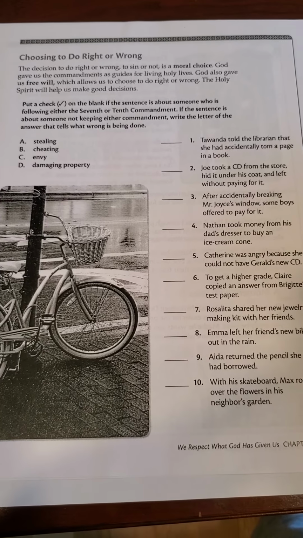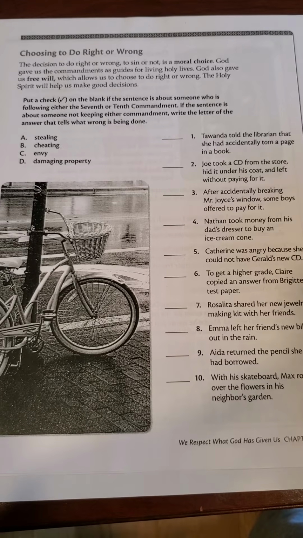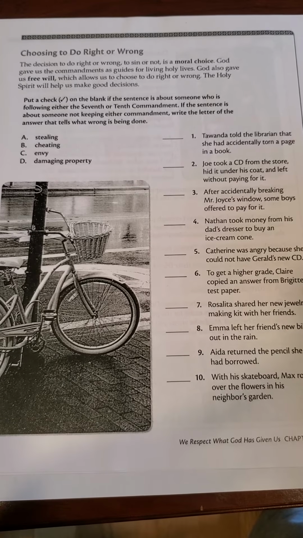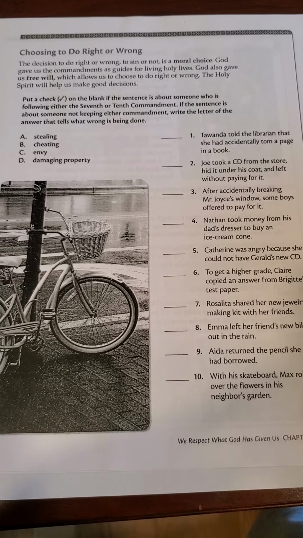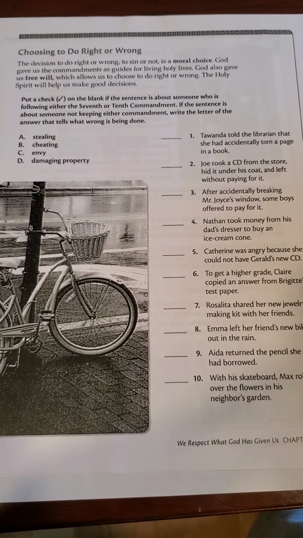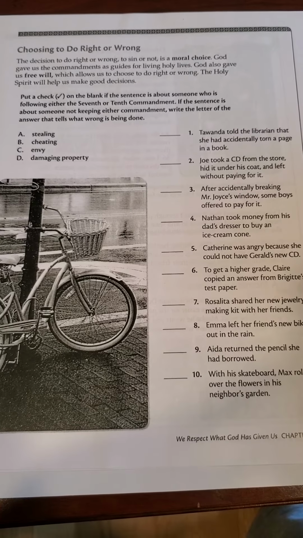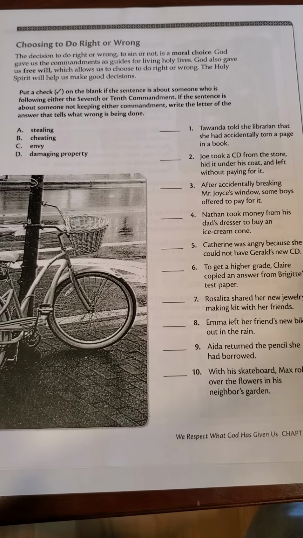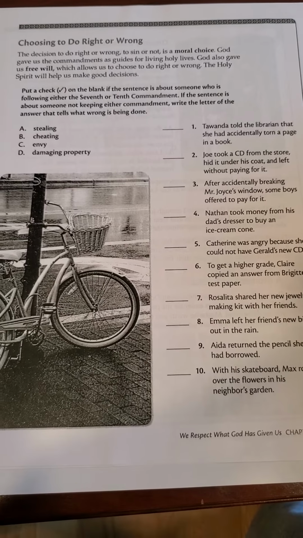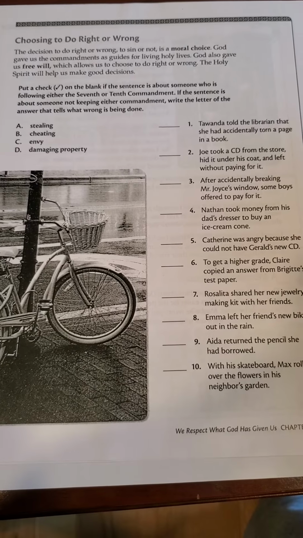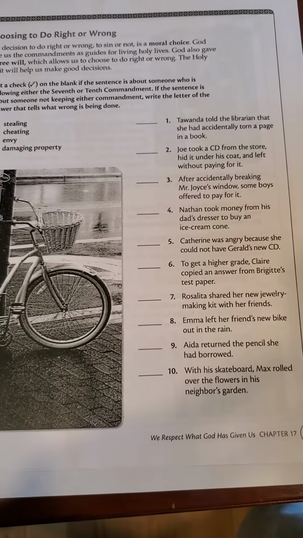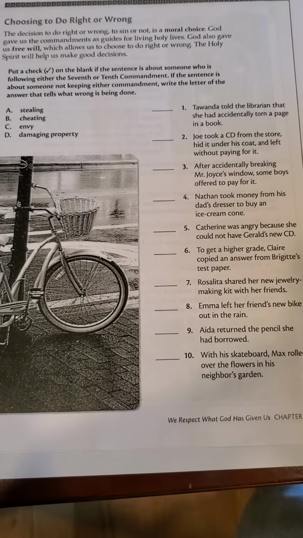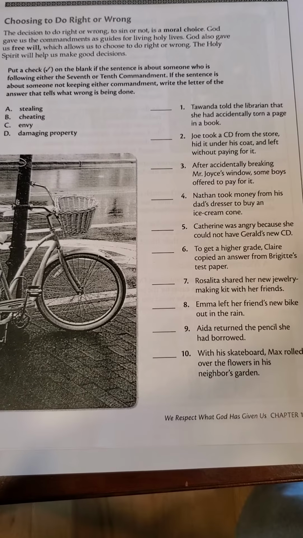So you're either putting a check mark if it goes along with either the 7th or 10th commandment, and if it does not go with either one of those, write the letter of what is being done wrong. So they're either stealing, letter A, letter B is cheating, letter C is envy, and letter D is damaging property. And then you just write that on these little lines here for 1 through 10. So either doing a check mark or writing A, B, C, or D.